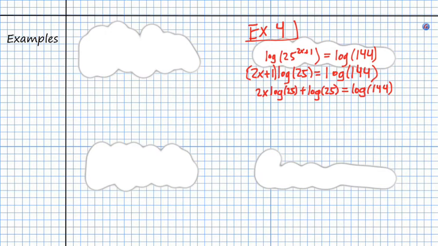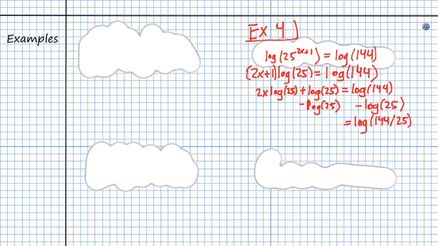All right, so now we've distributed, and now we want to isolate x, right? So this is going to follow our regular PEMDAS rule. So I want to subtract this log of 25 from both sides. But we also know that that's going to affect our logarithms in a different way. So log 144 minus log of 25 is actually going to become the log of 144 divided by 25.